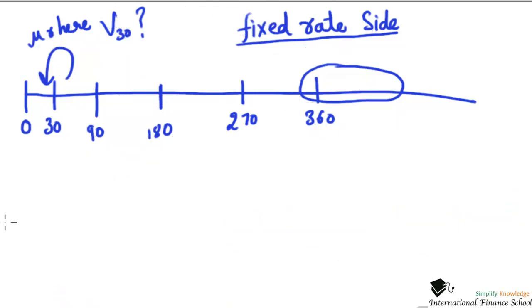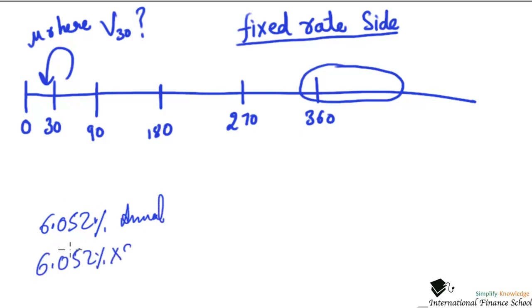So right here, let me compute what happens with the 6.052%. A 6.052% annual rate is the same as 6.052% times 90 by 360 for a 90-day rate. So the 90-day rate I can compute to be 0.015 kind of thing.